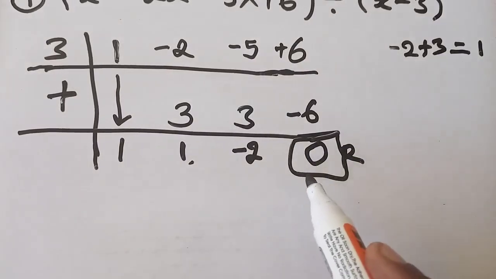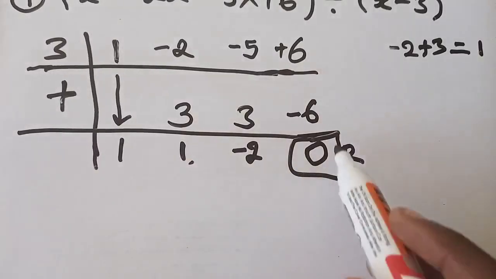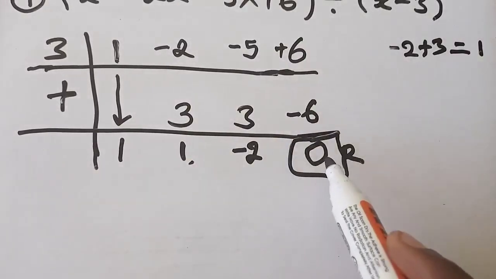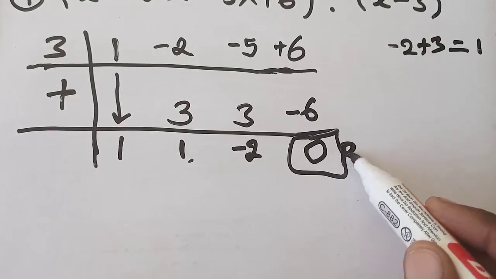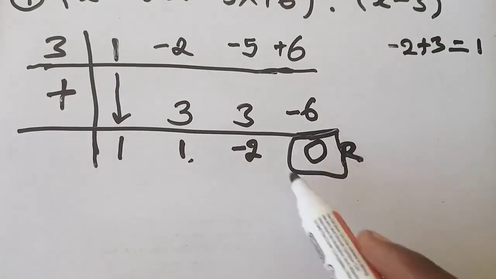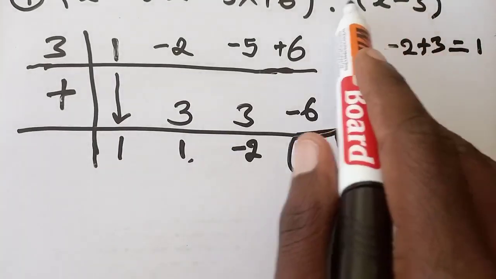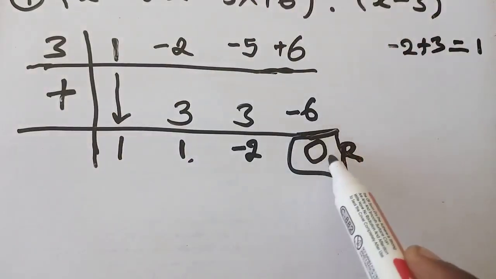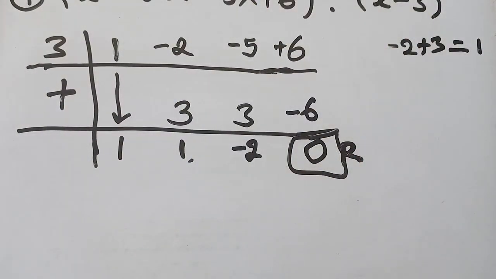The last answer that you find in synthetic division, the last answer that you find here, is called the remainder. So when you divide this whole thing into this, the remainder is 0.